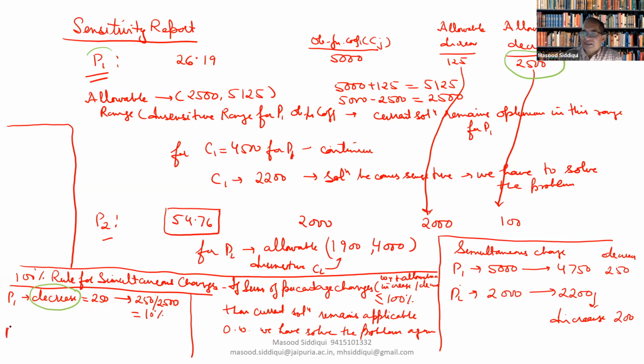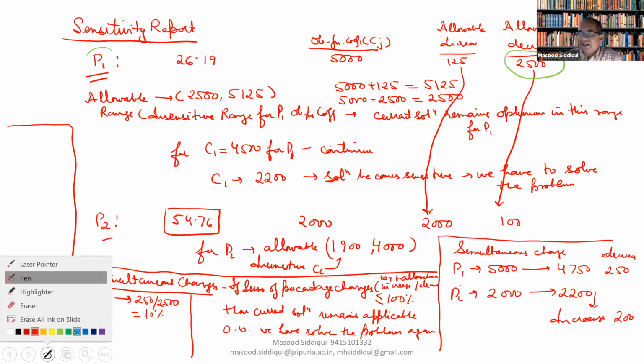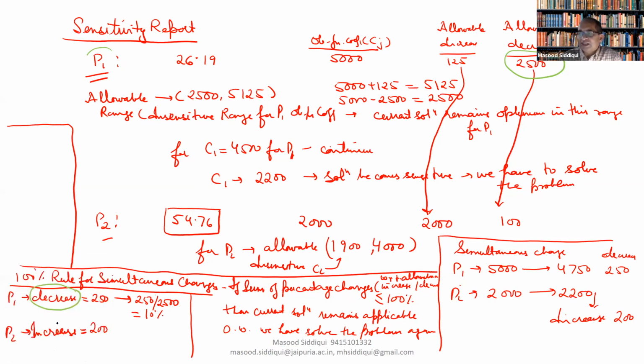Now we consider P2. For P2, there is an increase, and this increase is of 200. Now we consider the allowable increase also. The allowable increase for product 2 is 2,000.